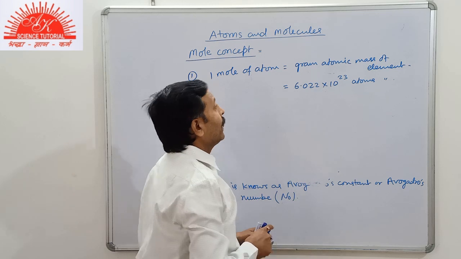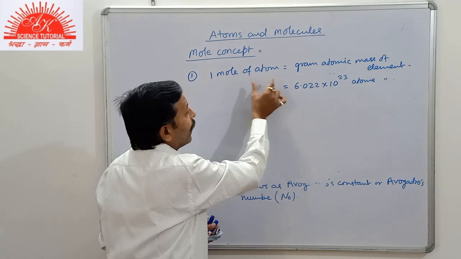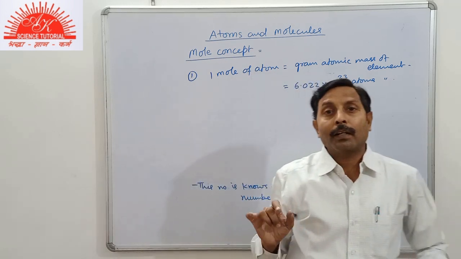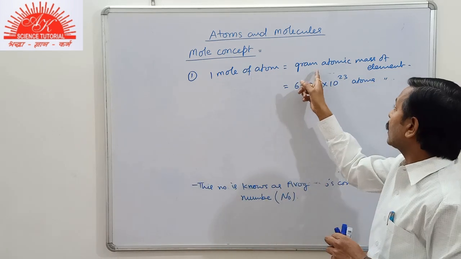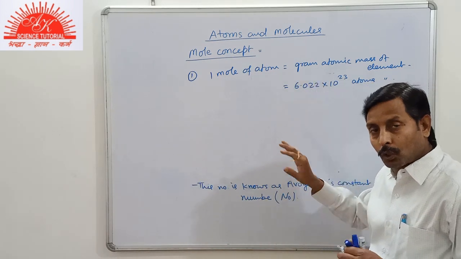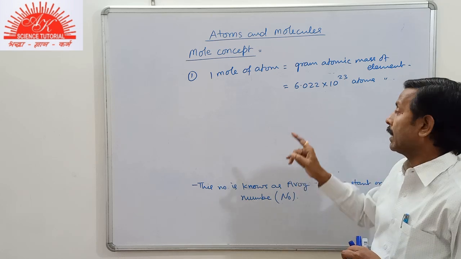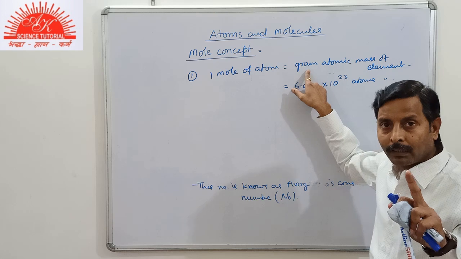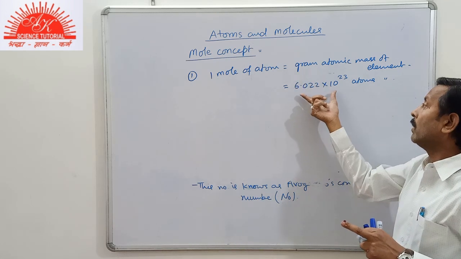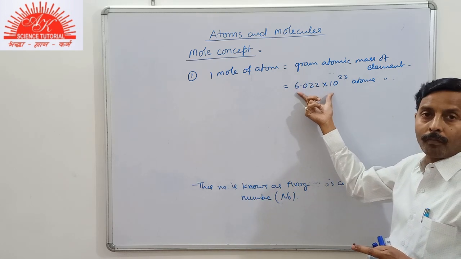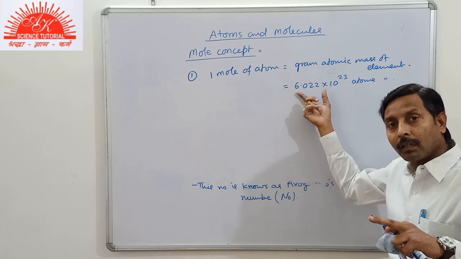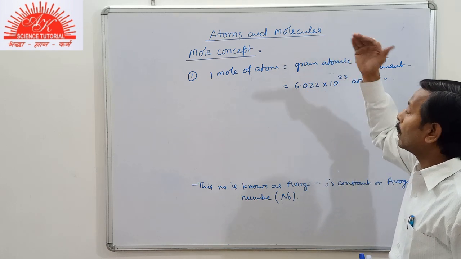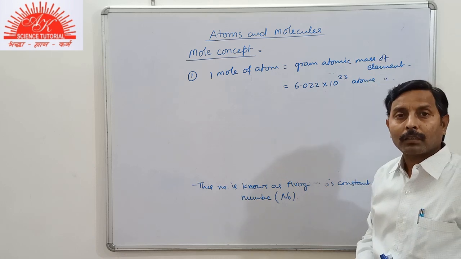We can say 1 mole has this many atoms. 1 mole of atoms will have its mass equal to the gram atomic mass. So in gram atomic mass of any element, the number of atoms will be this one. We can also say the mass of such number of atoms is equal to its gram atomic mass.